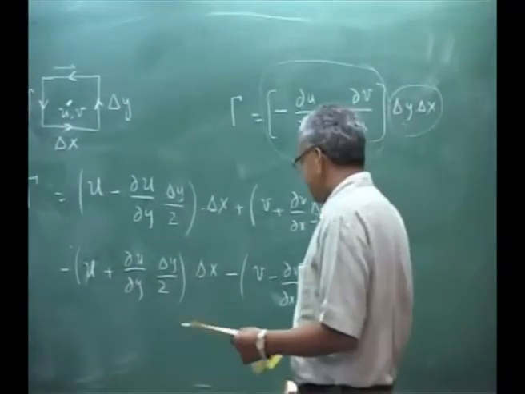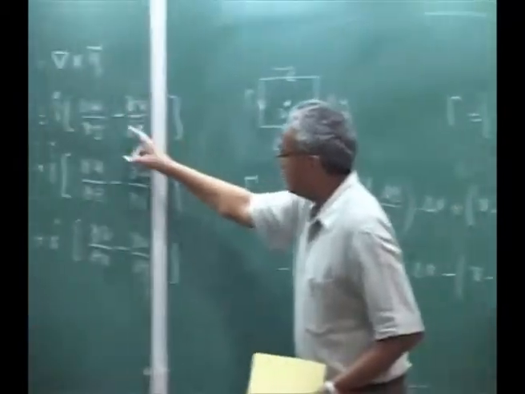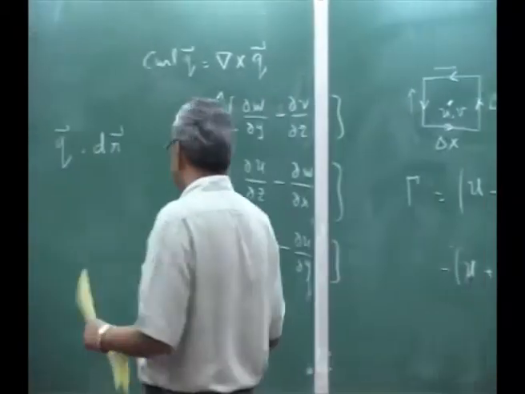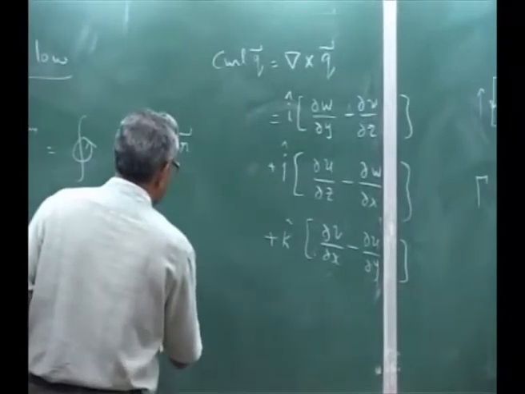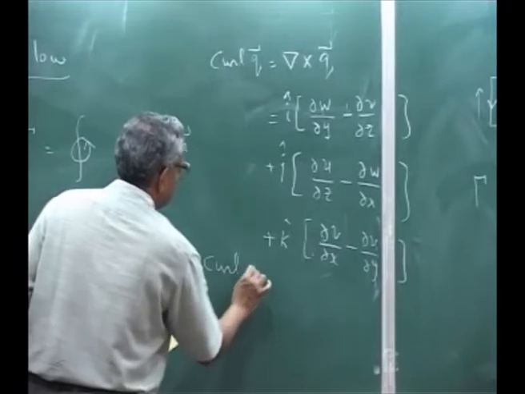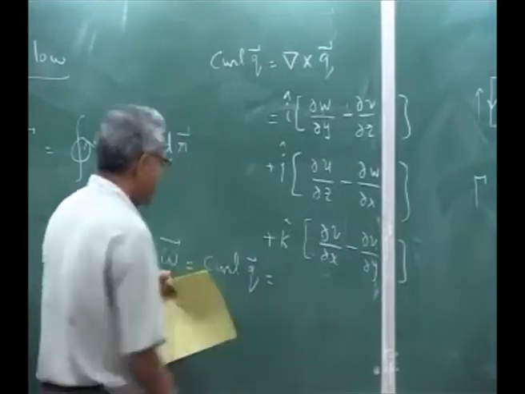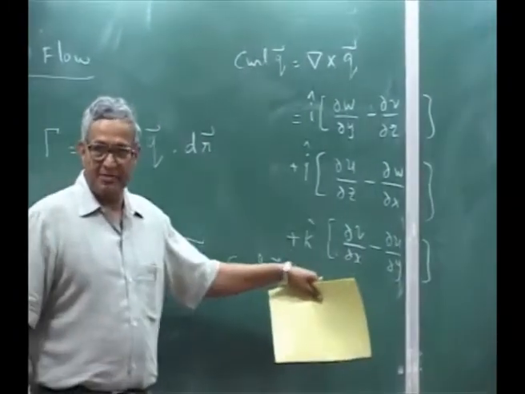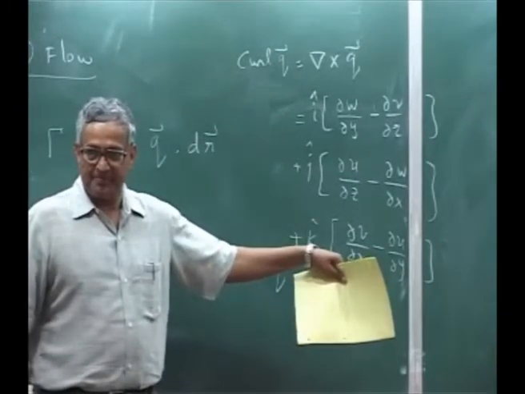So you can write this as omega. Curl q is a vector omega, which has omega x i, omega y j, omega z k.